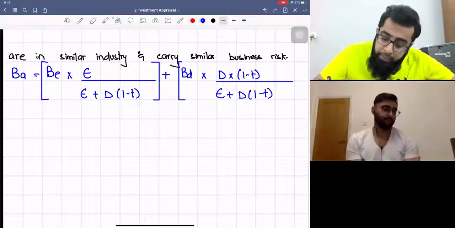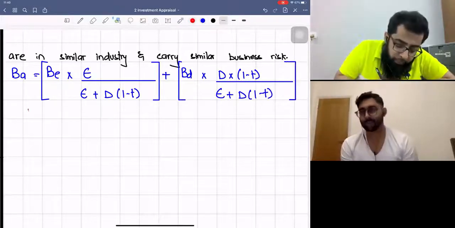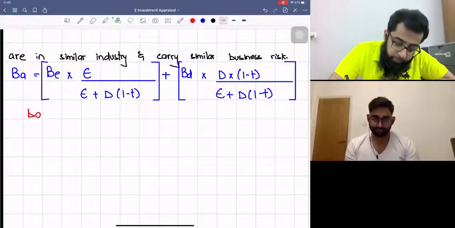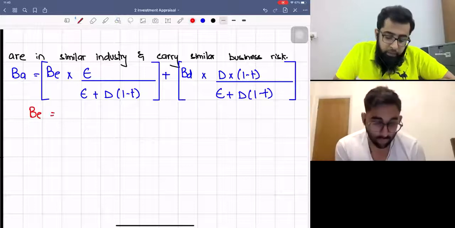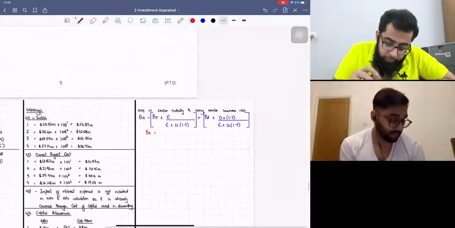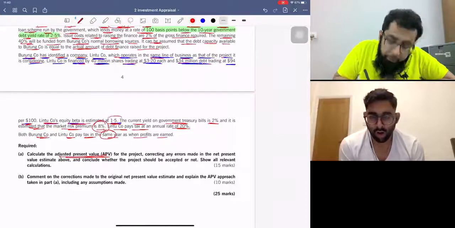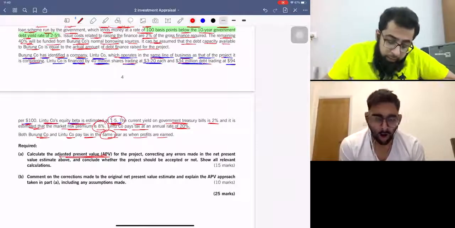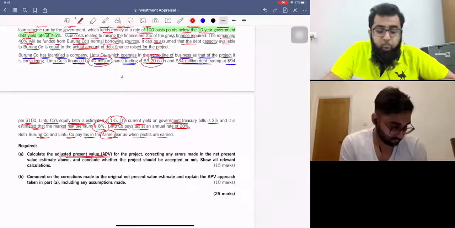Okay. So we are provided with beta equity. Link2 company beta equity is 1.5. The value of equity is 40 million shares trading at 3.2.